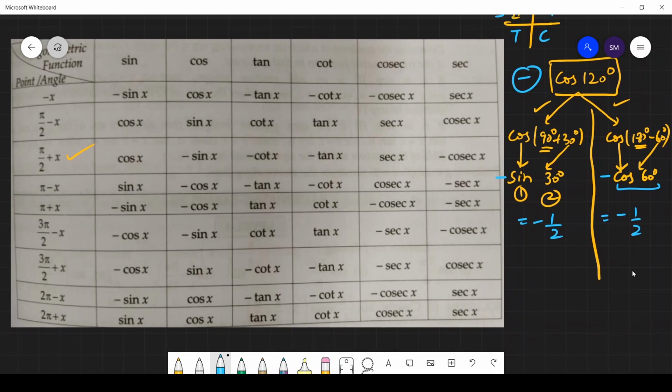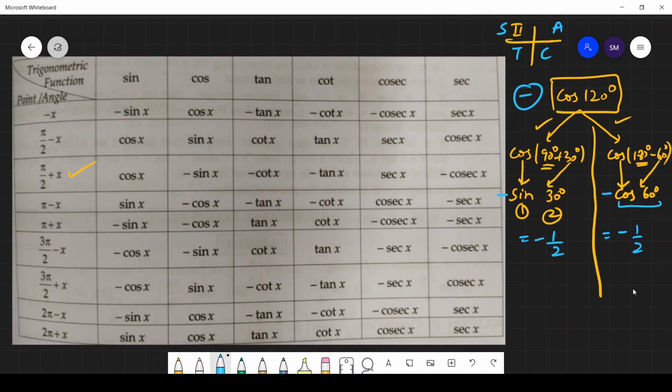Let us do one more question based on this. Which formula have we used here? We were using 90 plus 30, cos becomes minus sine, so minus sine 30.